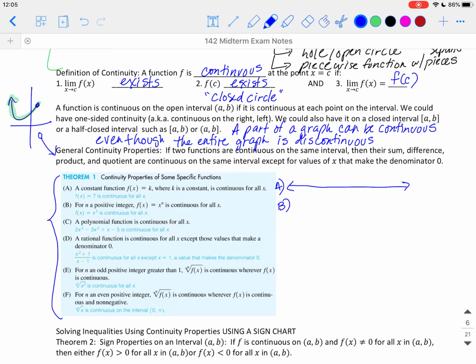So for b, if I have an x squared or an x to the fourth or an x to the sixth, and so on, it's going to end up looking like this. So it's definitely going to be continuous. If I have an x to the third, x to the fifth, and so on, it's going to look like this, and that one is also continuous itself.